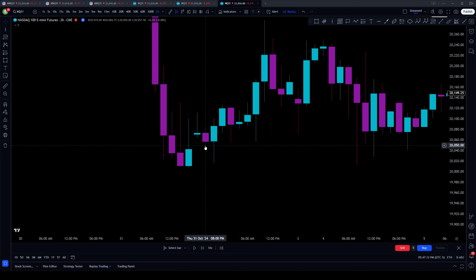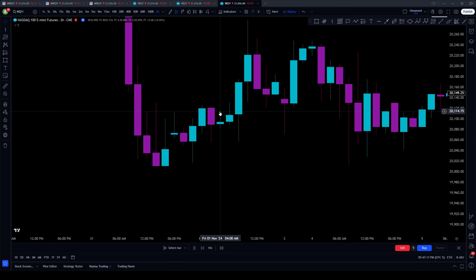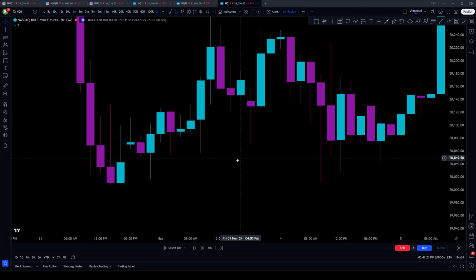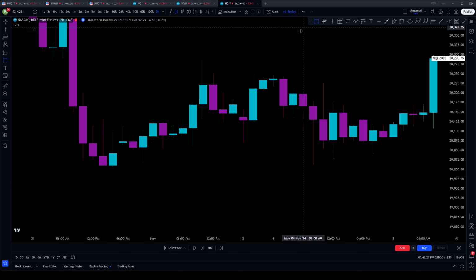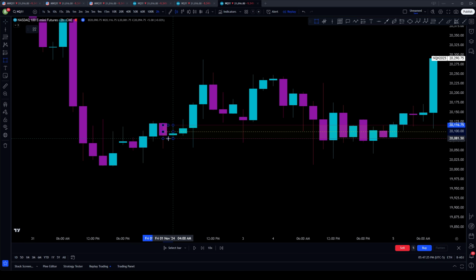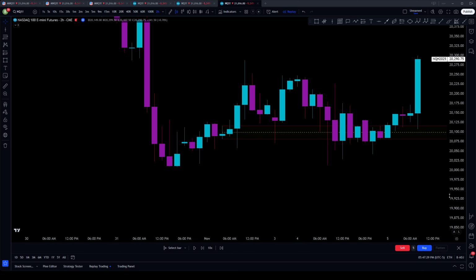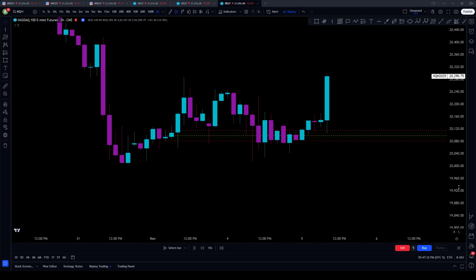No, that's a lower low, so that's not our candle. This is it right here. So we have a lower high and a higher low in the same candle on the 2 hour chart, right? So I'm going to go ahead and draw that. And there's our zone that we're going to be looking at to figure out what's going on right at US session.